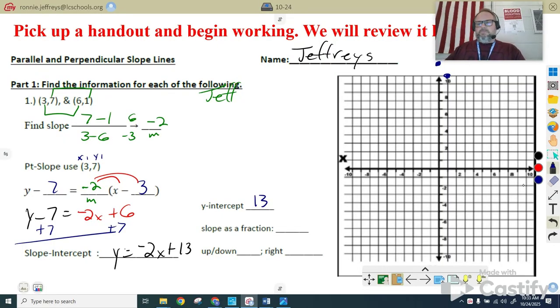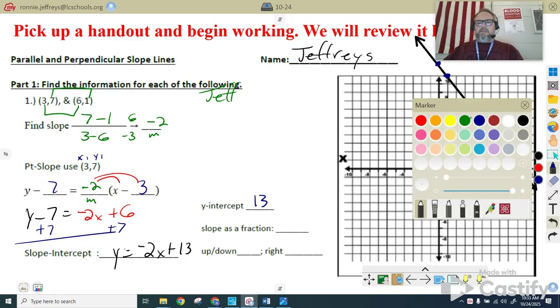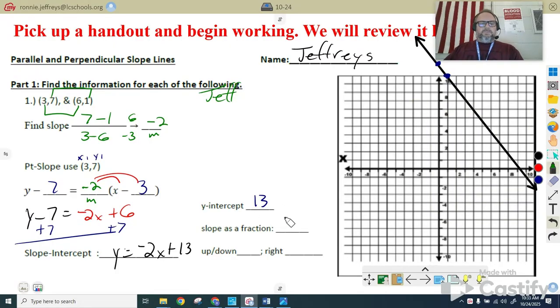That math actually maths. And then if you want to know what the graph looks like, well, that's what it looks like. All right, our slope as a fraction would have been -2 over 1. This would have been down 2 to the right 1.